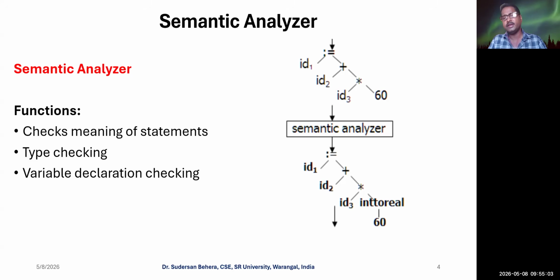If you write int a equals to 5, yes, it is understood. That means we can understand that a is an integer variable, and its value is 5. Okay, this is correct.